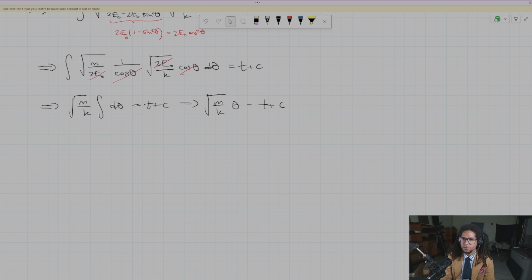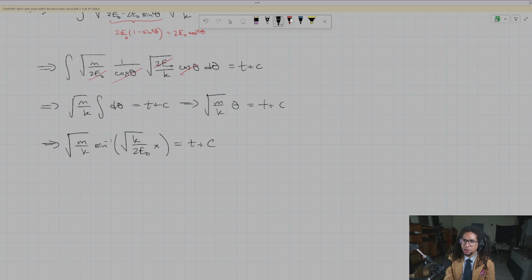Good. Okay, so down here, we now have root m over k sine inverse of root k over 2e naught x is equal to t plus c.